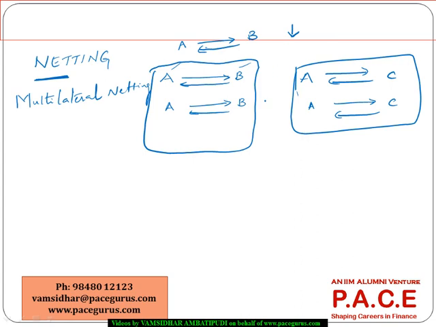But here the problem becomes tougher because computing the exposures is very difficult. But still, it would reduce my overall counterparty risk the moment I get into any kind of netting process.